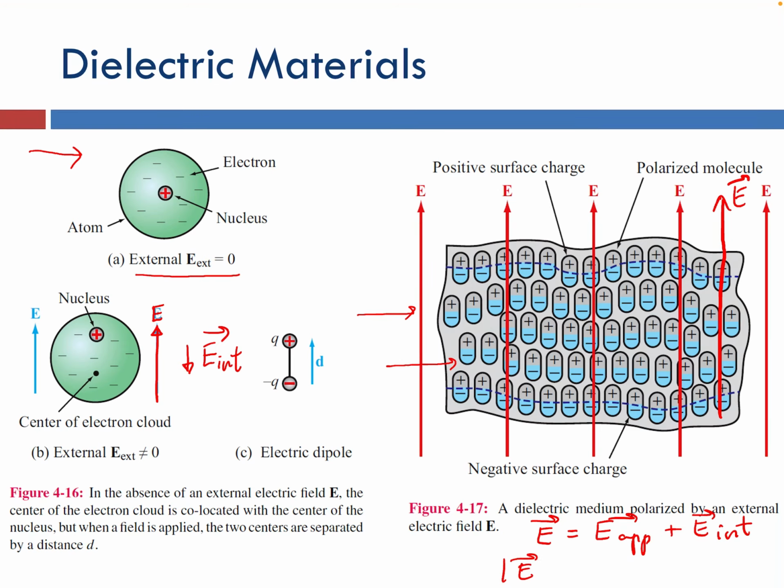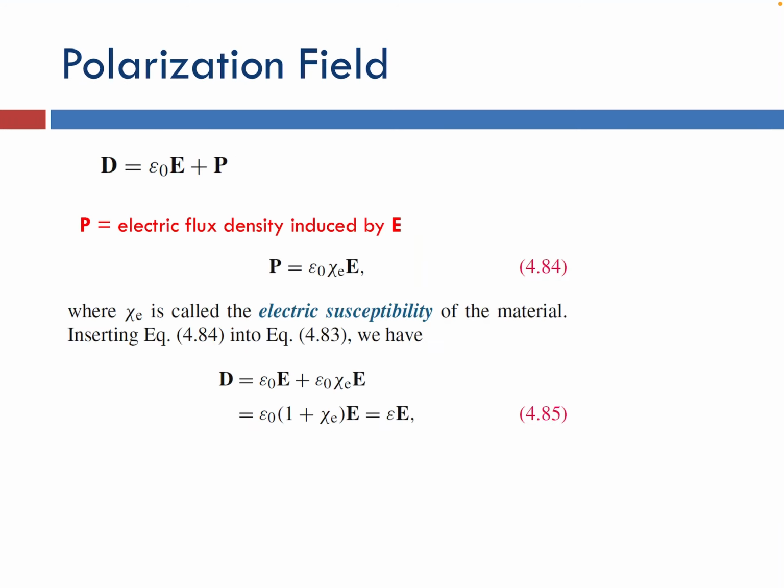And because the internal field is in opposite direction to the applied field, the magnitude of the total field is always greater or equal to the applied field. And this amount of internal field, the response, depends on the material.